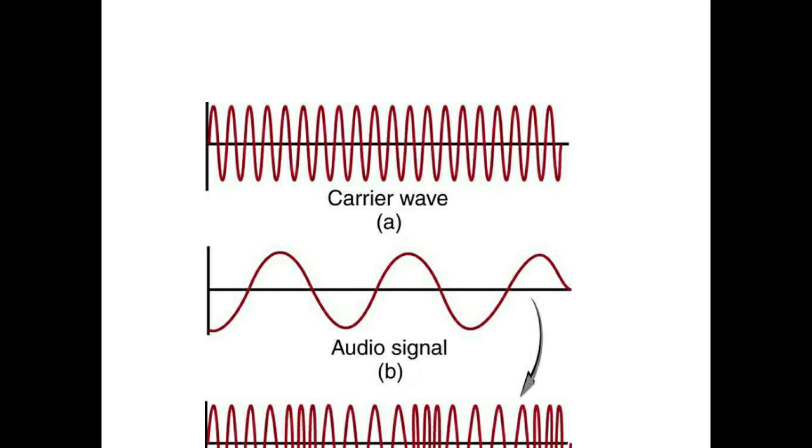Now, whenever the audio signal is rising from 0 to maximum level in the positive direction, at that moment the cycles of FM will be loosely packed. Whenever the audio signal is falling from maximum value to 0, the cycles are closely packed.